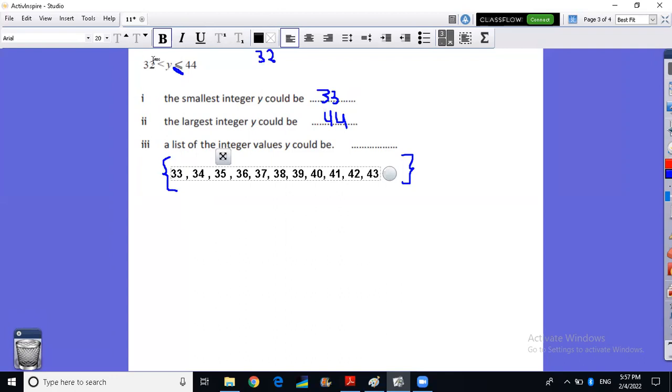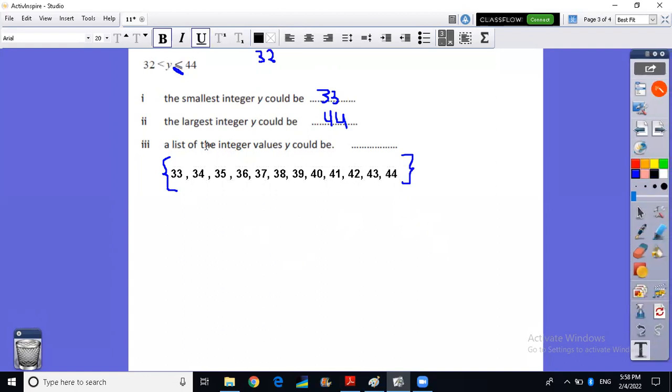That's it? No, they said y is less than 44, Mr.? Yes, which is 43, the last thing. But it can also be equal to 44, so 44 is included with us. I did not include 32 here because they did not say that y can be equal to 32. But I included 44 because they said that it can be equal to 44. All right, so this is the answer to question number 3.